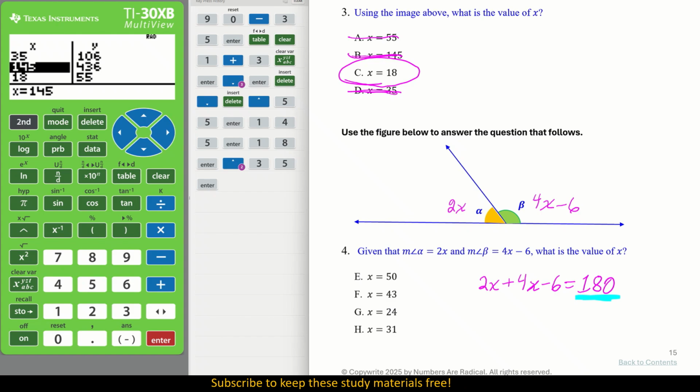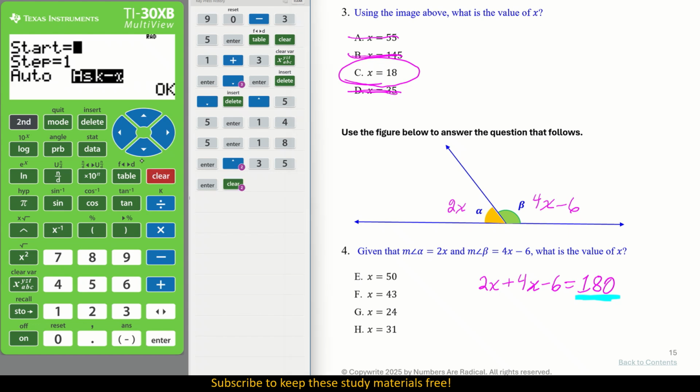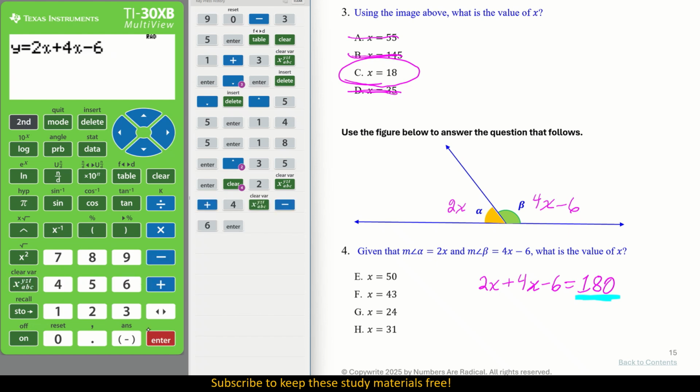They didn't ask me for alpha or beta. They simply asked for x, which is easier on us. So let's clear that out, and say 2x, and then plus 4x minus the 6.